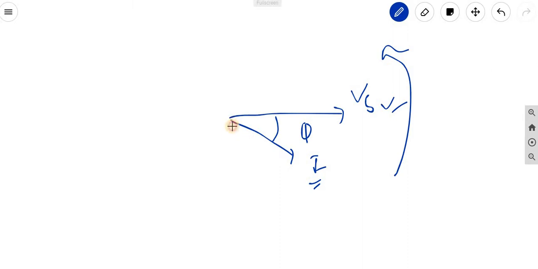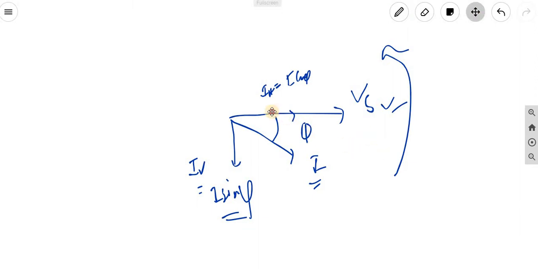So if you take the vertical component, I sin phi, and the horizontal component, I cos phi.